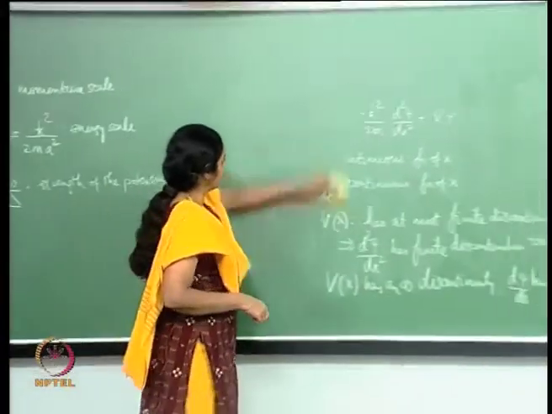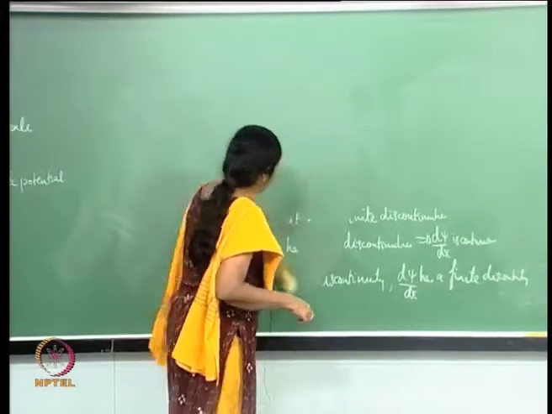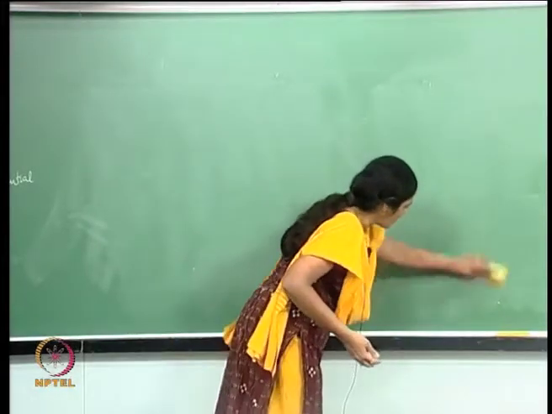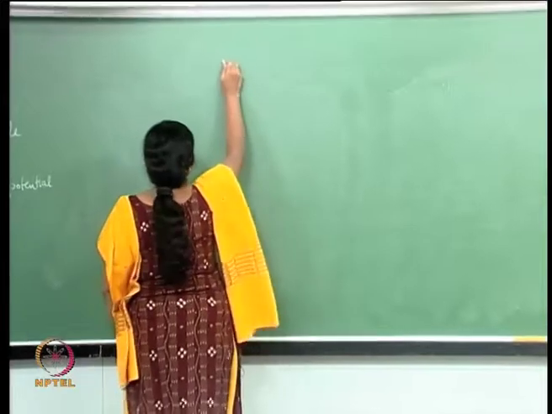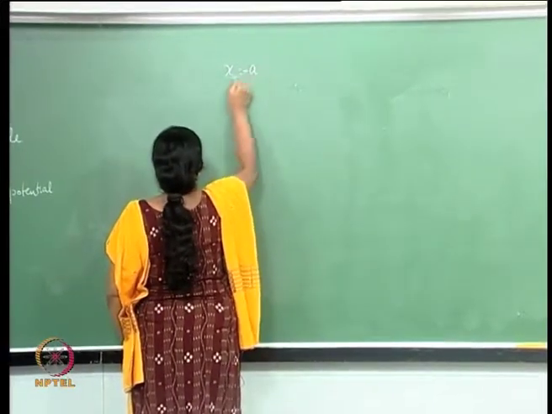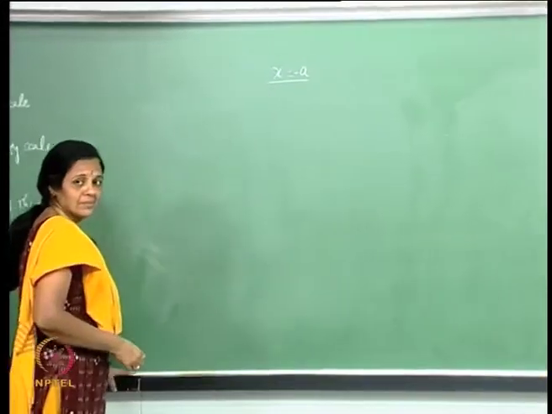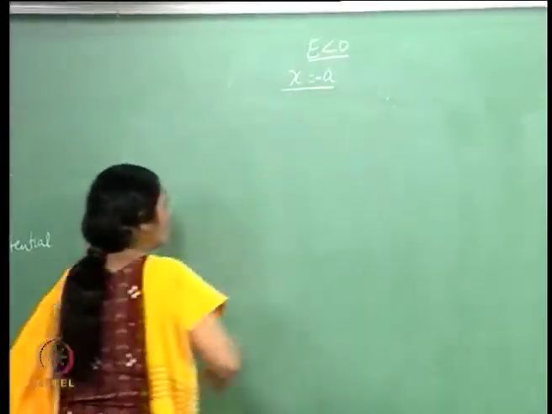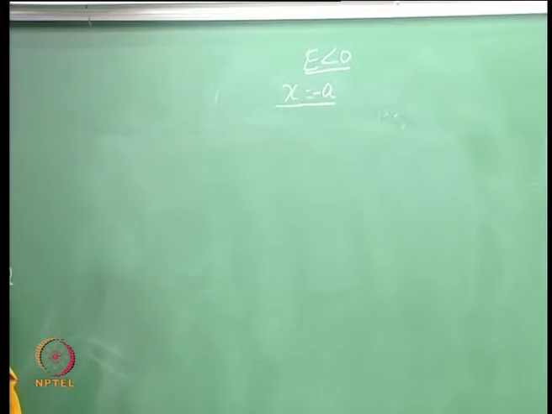Now, in this case, I have the following conditions at the boundaries at x equals plus a and minus a. So, let us look at x equals minus a. Remember, we are working only with bound state solutions, E less than 0.